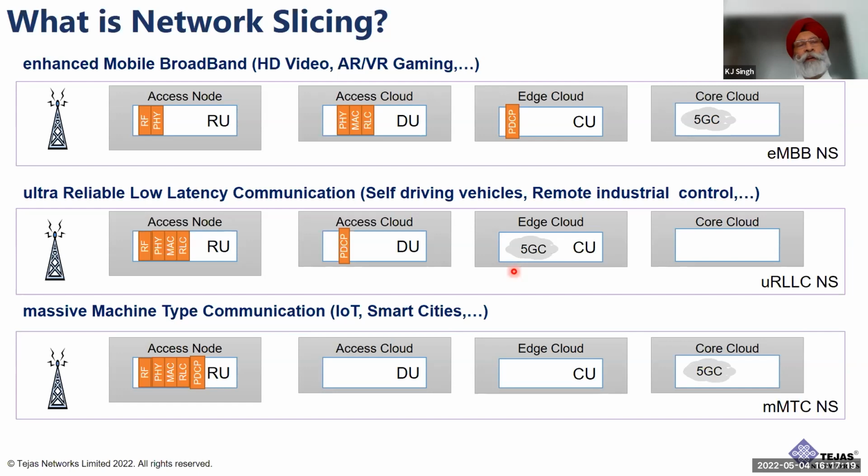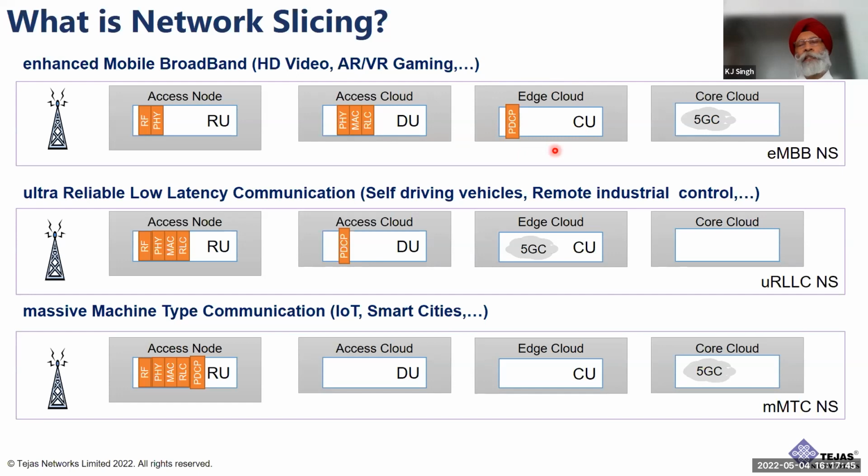So when we talk about 5G, there are essentially three important use cases. One is the enhanced mobile broadband, which is a better 4G. And the way they look at doing that is by keeping the radio unit with the RF and PHY. Some of the PHY processing happens in the DU, and the radio link control happens here.